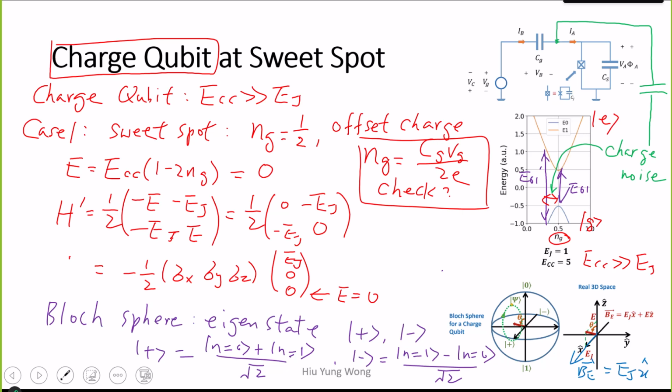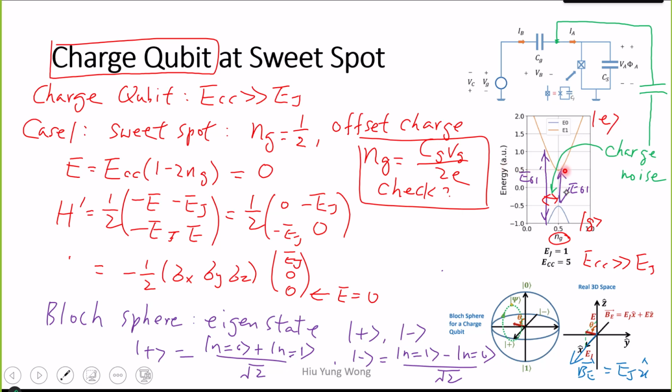Okay, please ask if you have a question. I think I might not explain it well. Now then, why is this called a sweet spot when Ng equals half? Because at this point, do you see that it has a zero derivative? So it means you change the charge a little bit, and the change in the value, to the first order, is zero.